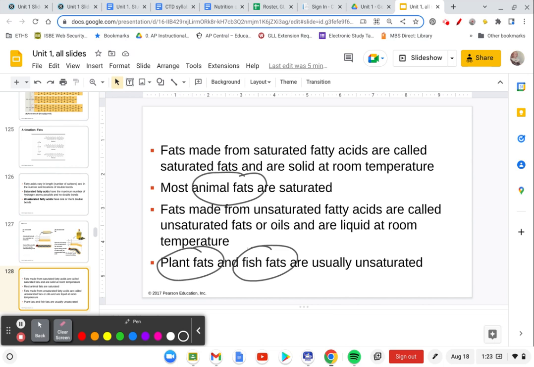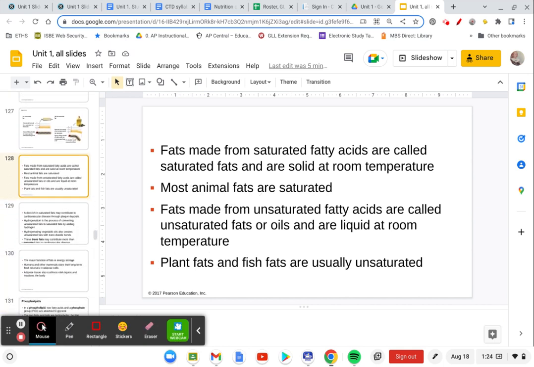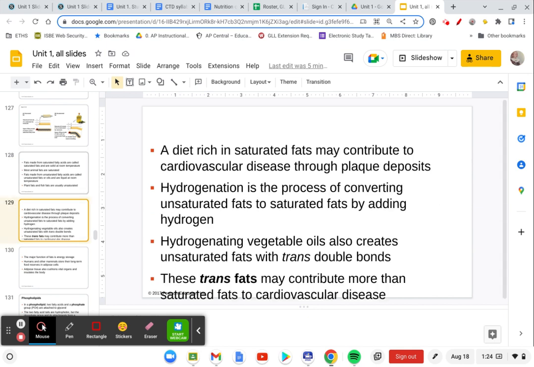So in terms of your diet, you really want to have a larger amount of the unsaturated fat than the saturated ones, because a diet rich in saturated fat will contribute to those saturated fats converting into something called cholesterol. We'll talk about it a little more in a little bit. And that causes these deposits to form inside your artery.